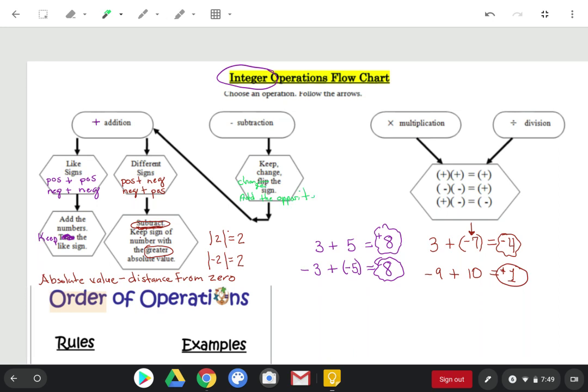When we do that, we're going to end up with an addition problem. So all we do is follow our addition rules from there.